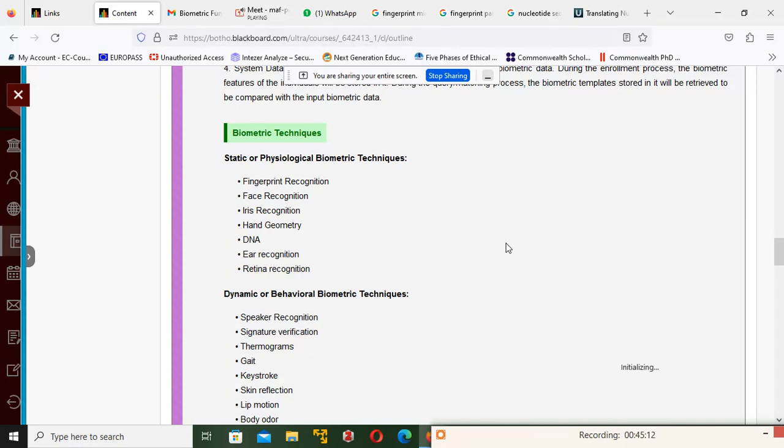Also using facial recognition. Let me explain the facial recognition again for the benefit of those who just entered. When we are resolving identity or verification, the first step is the face must be captured. When the face is captured, the system must be able to resolve your nose, how big it is, how wide it is.